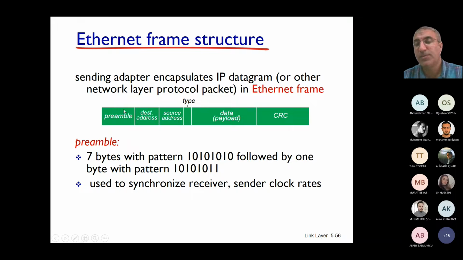Let's look at the first field, the preamble. It has 7 bytes with a specific pattern, followed by 1 byte with a specific pattern again. These bit patterns are used for synchronization and clock rates.